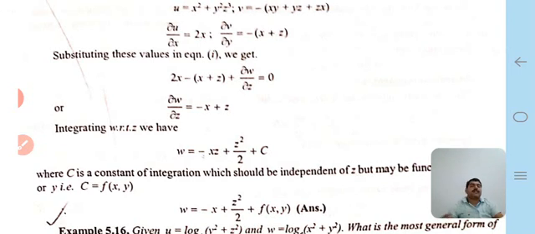The continuity equation for steady three-dimensional incompressible fluid flow is del u upon del x plus del v upon del y plus del w upon del z is equal to 0.